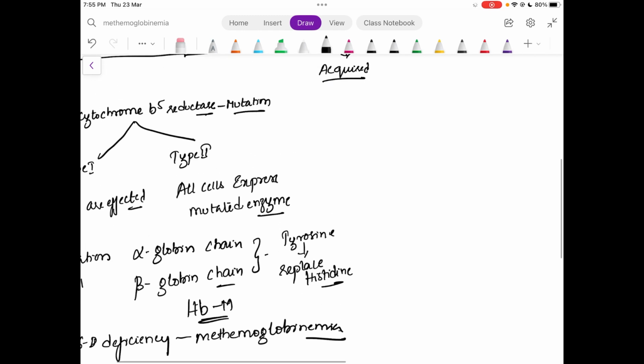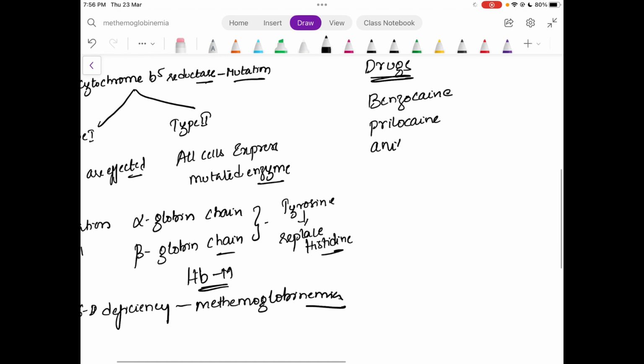And in acquired causes, drugs will cause methemoglobinemia. Which drugs will cause? Benzocaine, prilocaine, aniline, dapsone, nitrates, amyl nitrate, nitroglycerin. These are the drugs which come under nitrates. They can have effect.